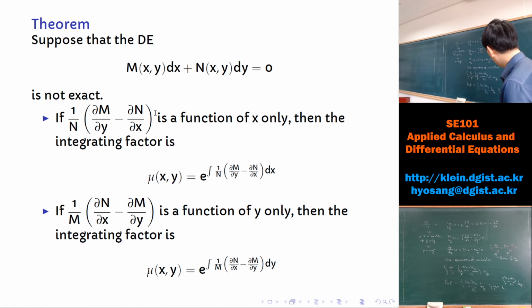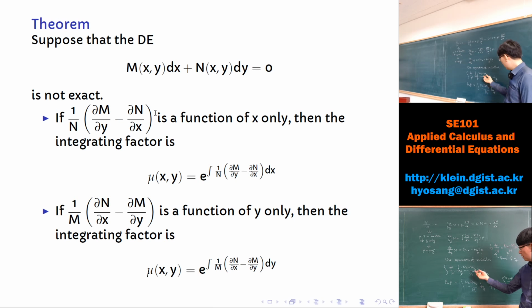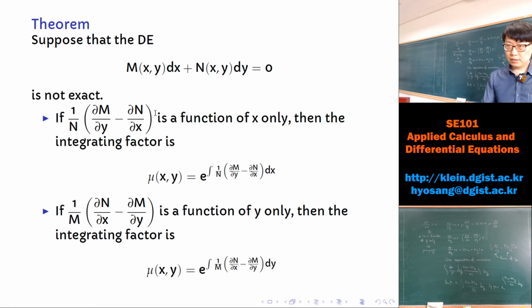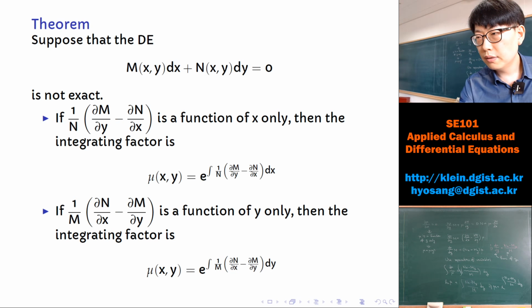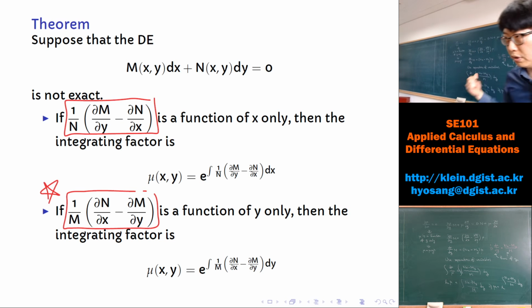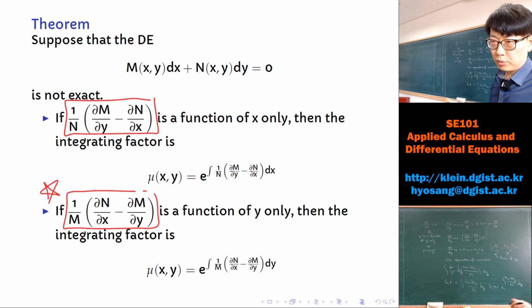The only thing that we can check in a practical situation is the fraction of this form and this form. The bottom one is the one that we did on the blackboard.